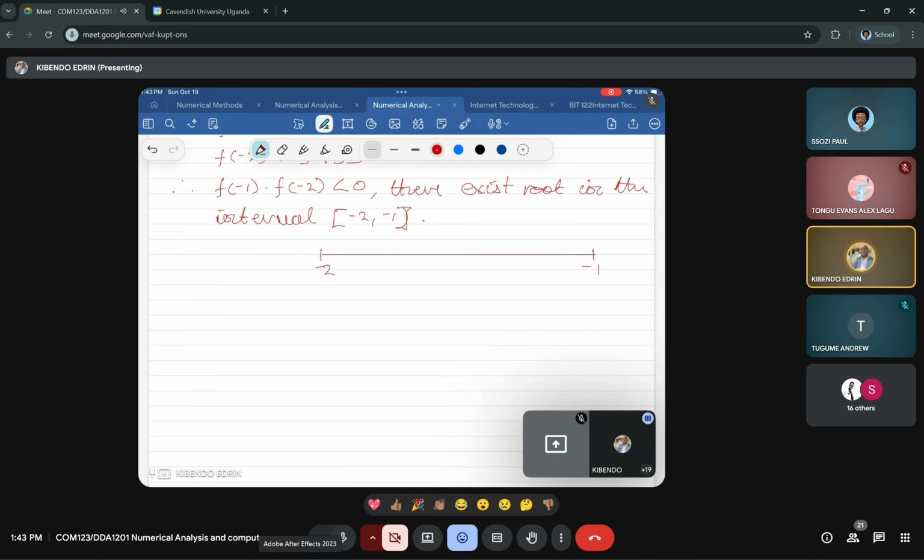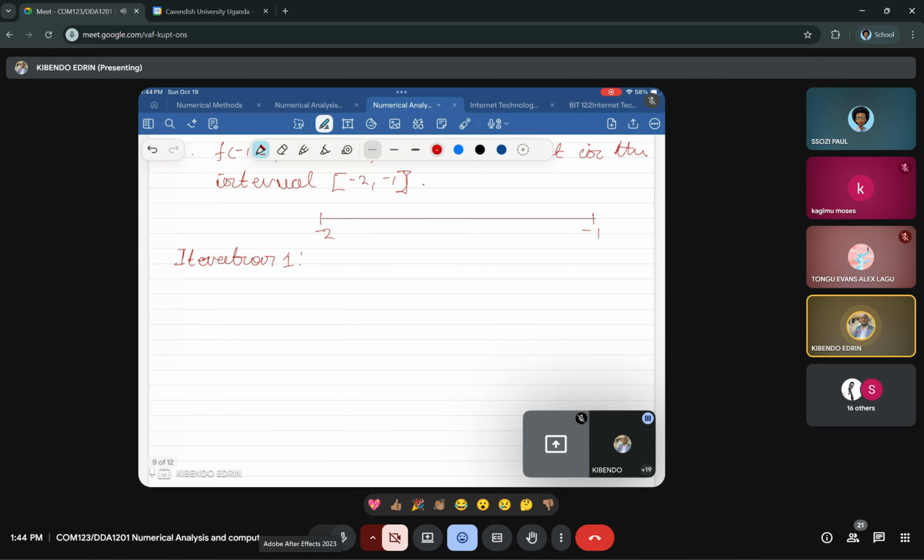Okay, so first, for purposes of organization, iteration 1.